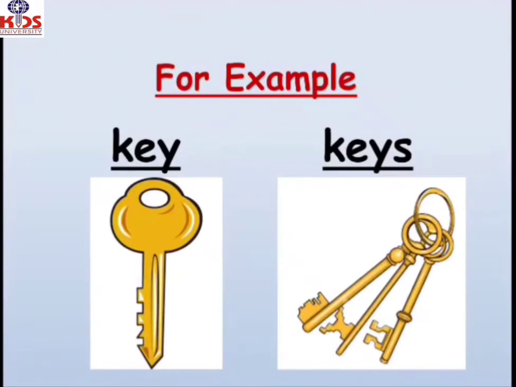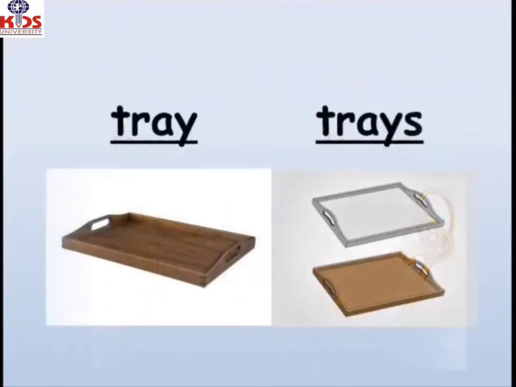For example, the singular form key ends with y and we have a vowel before y, that is e. That's why its plural form is keys. In the same way, the plural form of tray is trays.